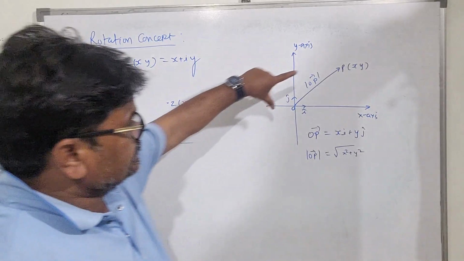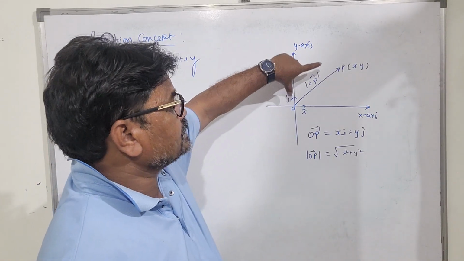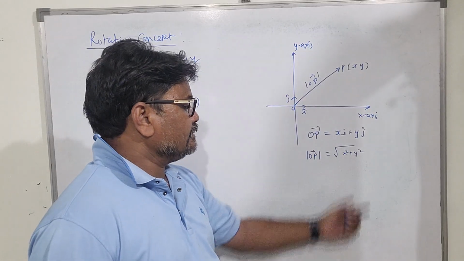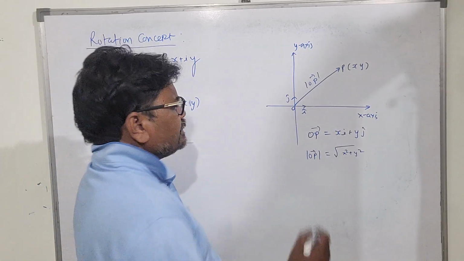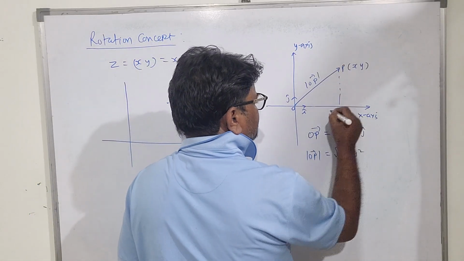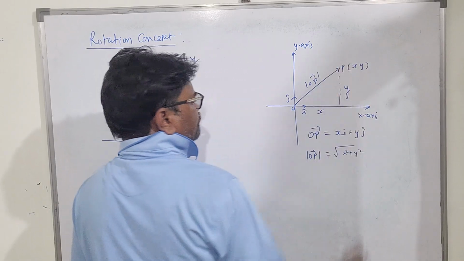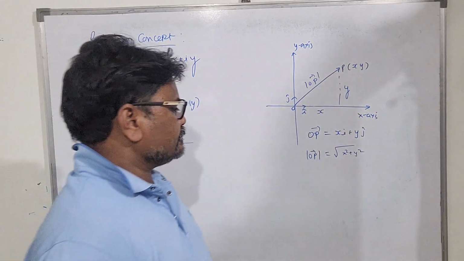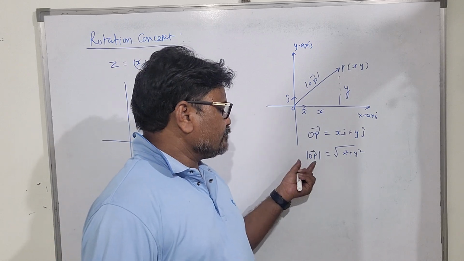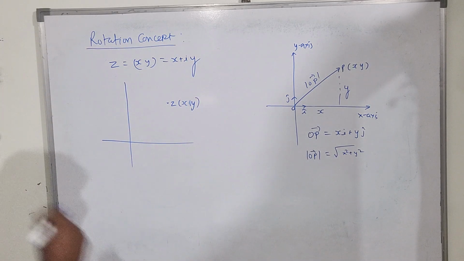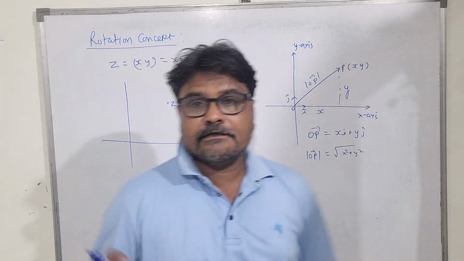And the length of this vector or length of this arrow, that is the magnitude of this vector, is given by square root of x square plus y square. Very easy. Okay, this distance is x, this distance is y. Therefore, by applying the Pythagoras theorem, this distance or modulus or magnitude of vector OP is square root of x square plus y square.